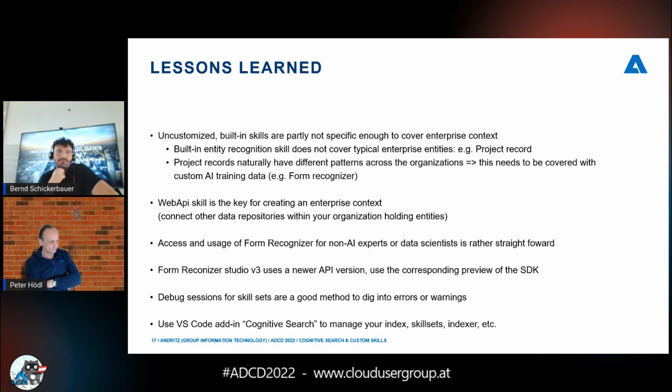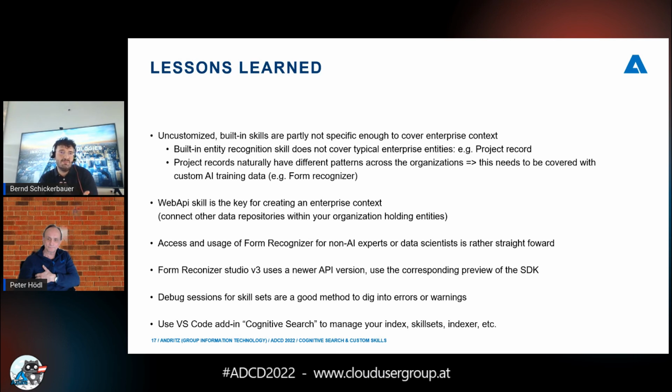So the main message is basically that certain patterns, like project naming or project records, like project code, project name, whatever, are different across all organizations, right? So built-in skills cannot recognize out of the box all those entities which are enterprise specific.